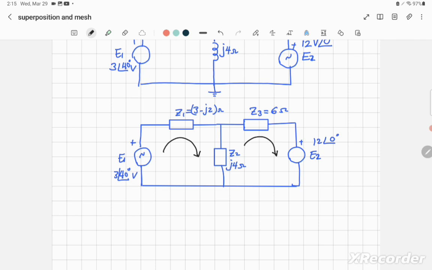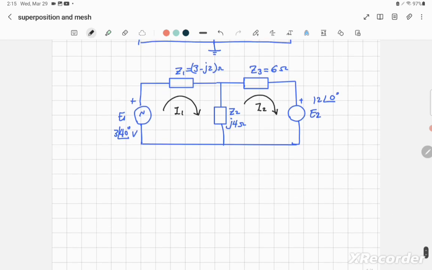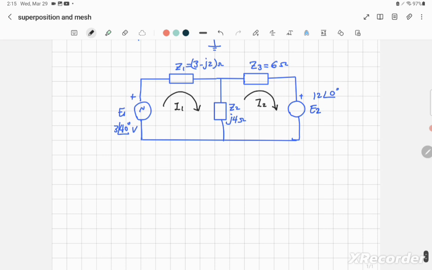We can choose I1 to the right, and I2 to the left. So that's I1 and that's I2. So what's next? Now it's really easy, it's very simple. We'll do the same way that we did with DC circuits.